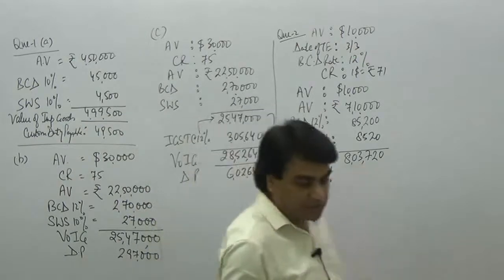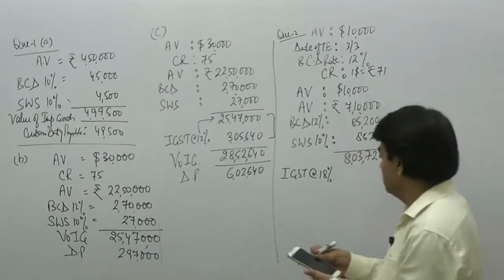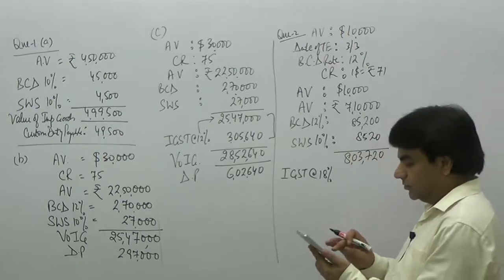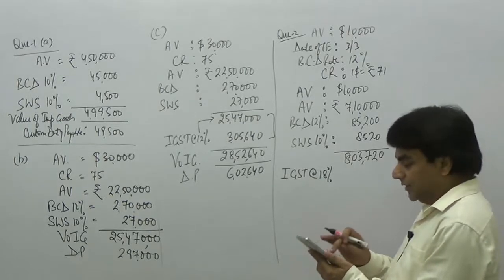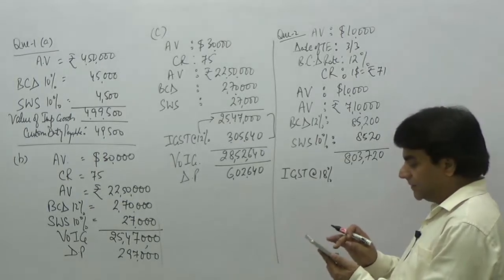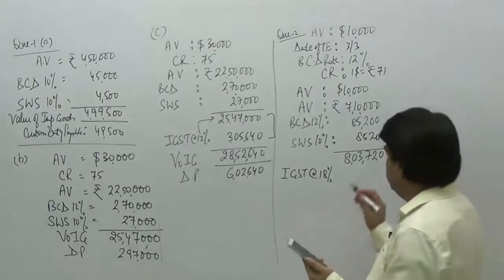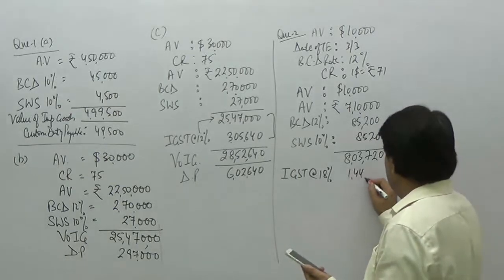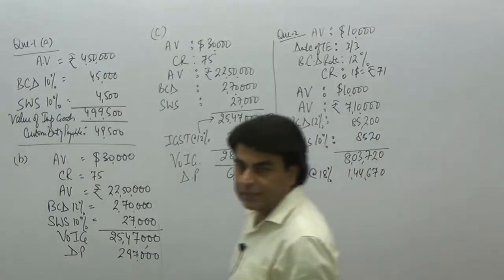So work out 18% of this amount. 803,720 multiplied by 18%. This comes to 144,670. So this is the amount of IGST.